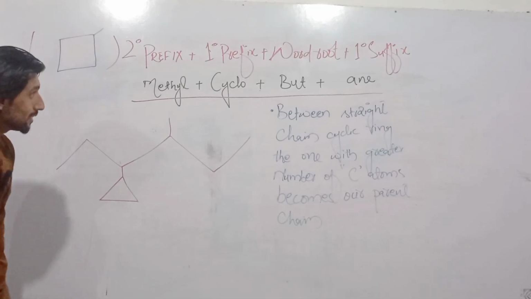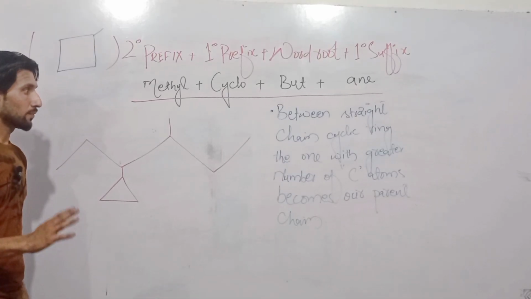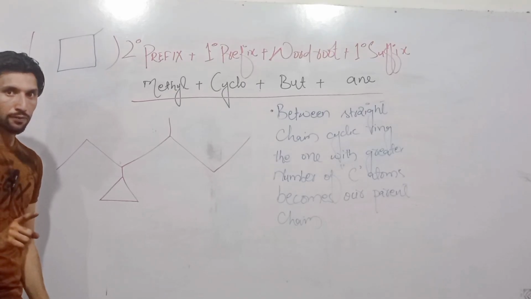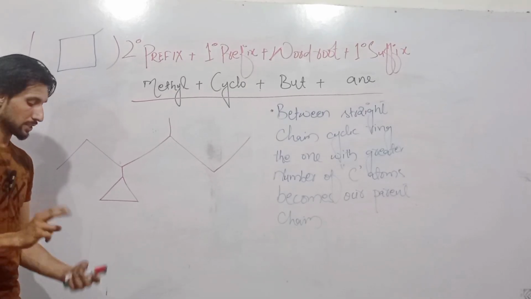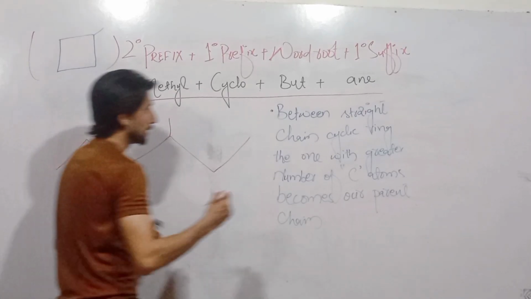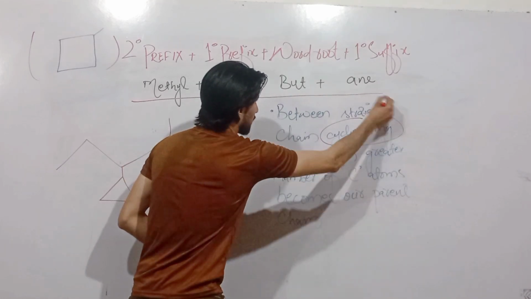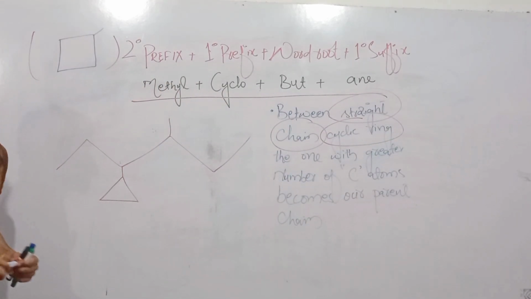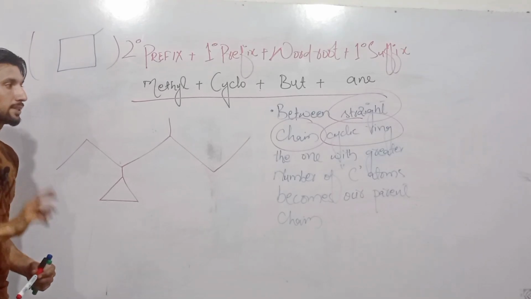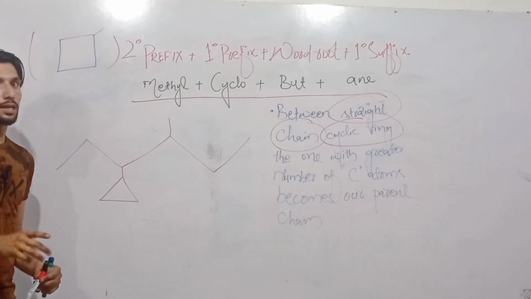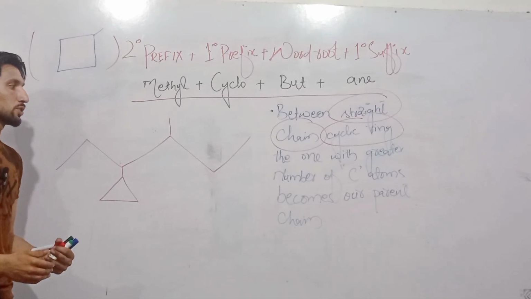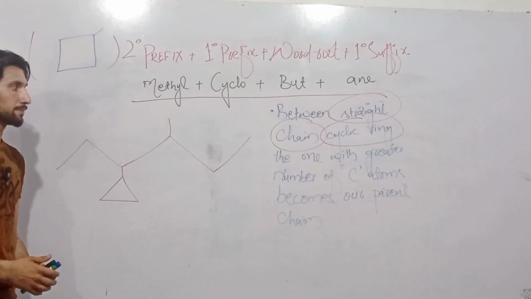So if we have the option between a cyclic ring and a straight chain, which one should become our parent chain? That would be decided by the number of carbon atoms. The one which contains the greater number of carbon atoms becomes our parent chain.